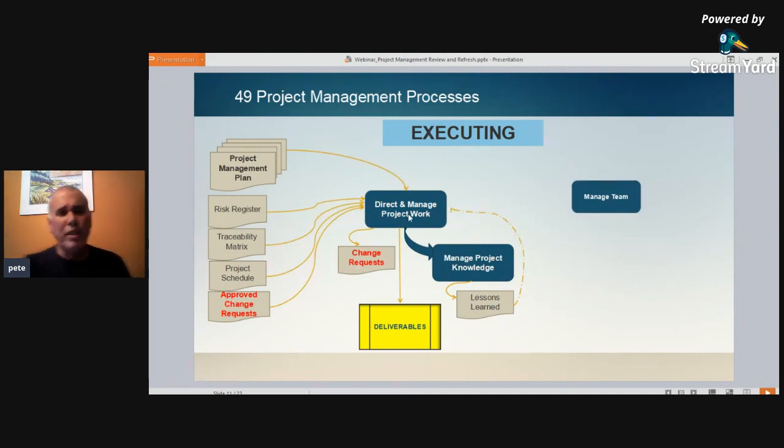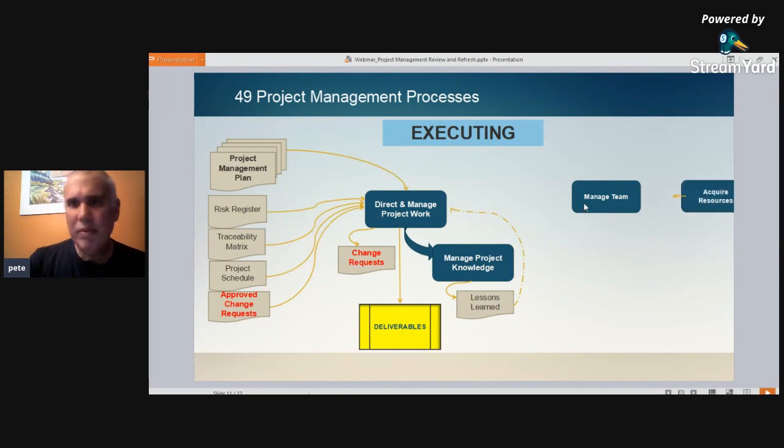So to direct and manage project work, we're managing the team. This is project resource management. In order to manage the team, we've got to acquire resources. We've got to say where the team is coming from, right? Some members of the team might come with the project. We call that pre-assignment.